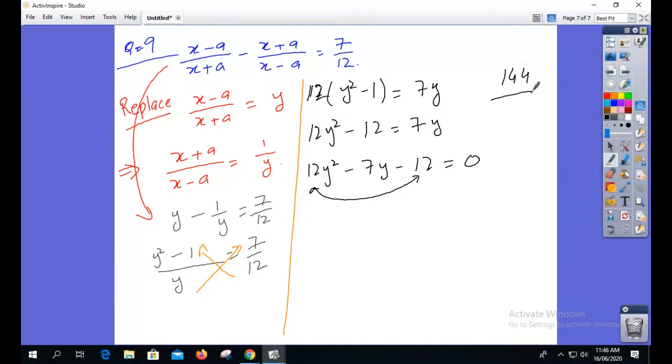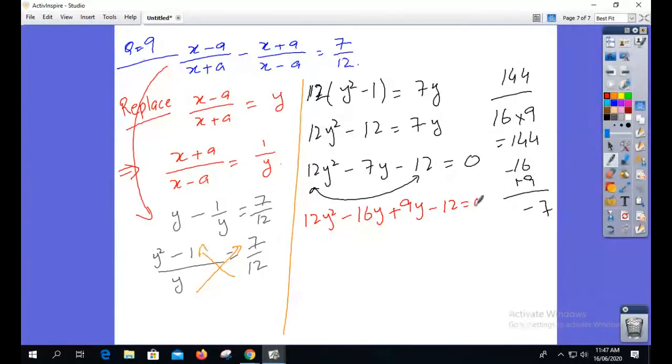Sir, 4 and 3. 4 and 3 into 4 and 3, 9, 144 and 16 minus 16 plus 9, we have minus 7. So, what will be the midterm break? 12y square minus 16y plus 9y minus 12 equals to 0.